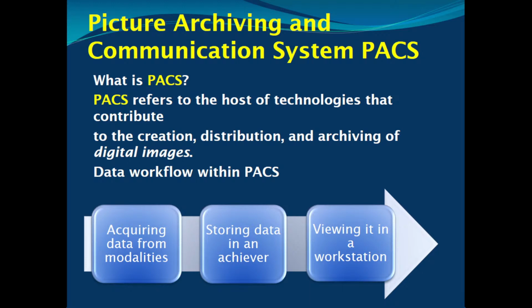The three steps of PACS are shown at this slide. The first component is acquiring data from modalities, then storing data in an archive, and then viewing it in a workstation.